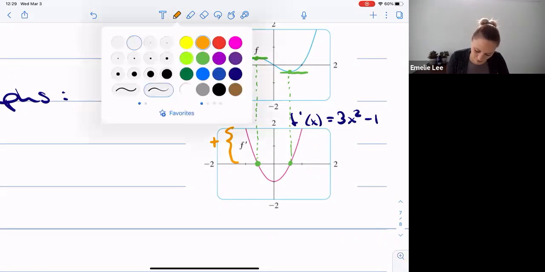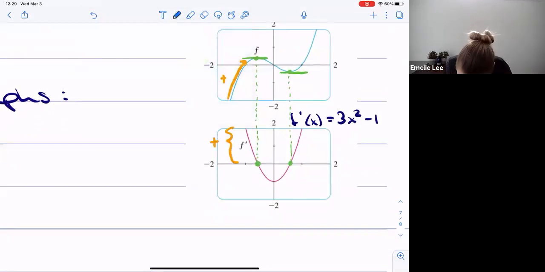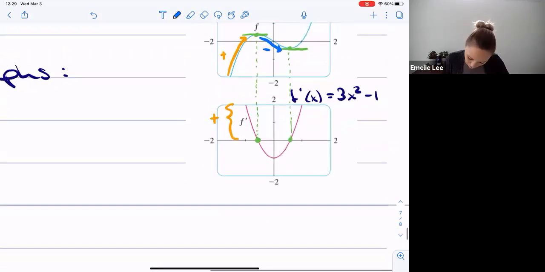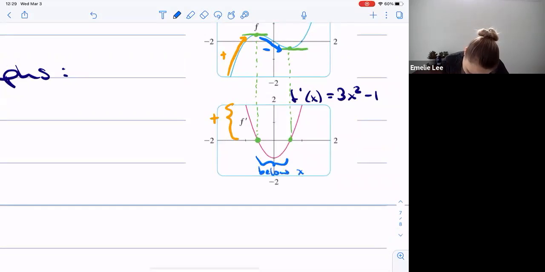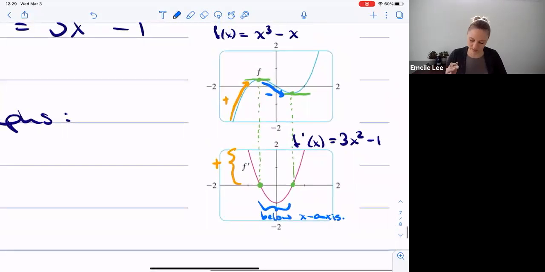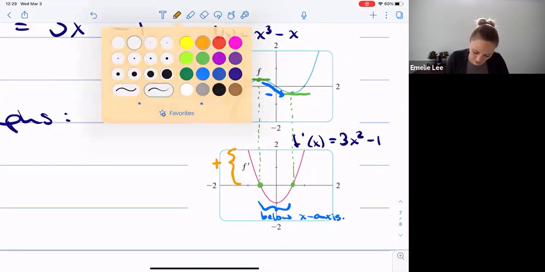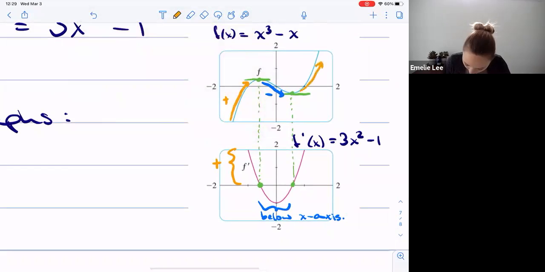And then for this length of time here, I've got a negative slope, which means that for this region here, I'm below the x-axis. Negative values between those two x-intercepts. And then same thing here. Now I've got a positive slope again. And so again, here I'm above the x-axis.